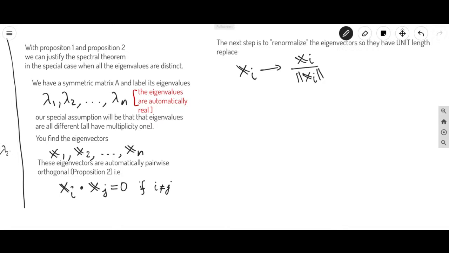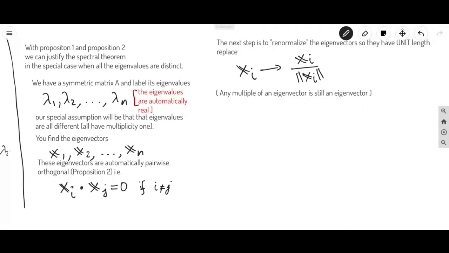You can always do that. Any multiple of an eigenvector is still an eigenvector. We did mention that before. You can always take an eigenvector and multiply it by a non-zero number and get another eigenvector. So you can always renormalize the eigenvectors.